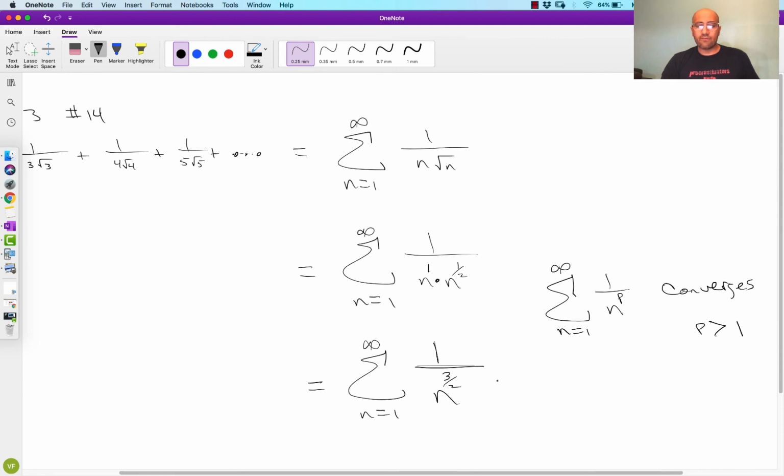So this fits that form. Here, the p, which is equal to 3 over 2, is greater than 1, so it converges. So, converges.